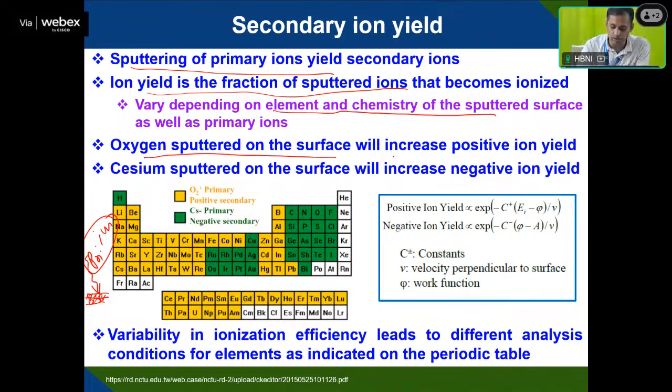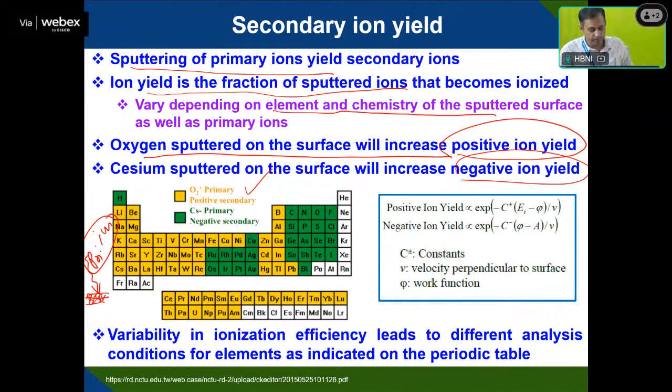Oxygen sputtered on the surface will increase, as I told, the positive ion yield, whereas with cesium we have a negative ion yield. You can see here that all those yellow atoms can be analyzed with the oxygen primary beam, and the green ones with the cesium primary beam.